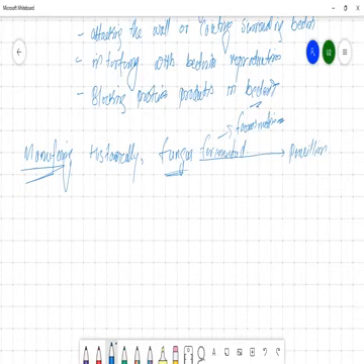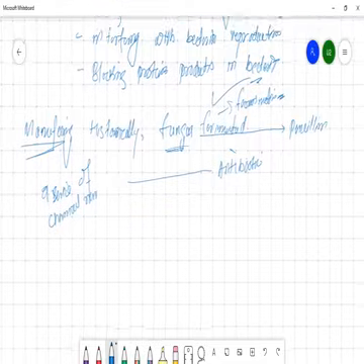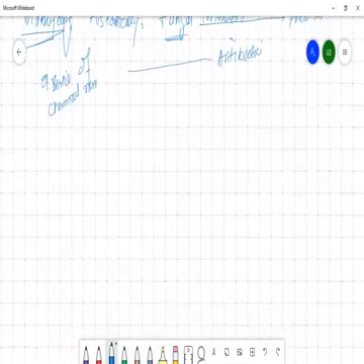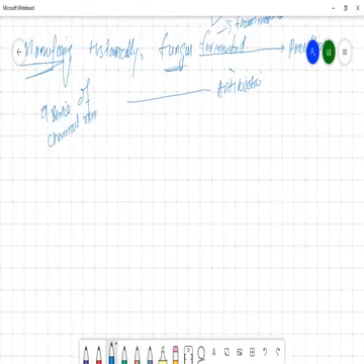Rather, a series of chemical reactions conducted to prepare what? Antibiotics. I hope you are getting. That's what we know about the manufacturing process of antibiotics.